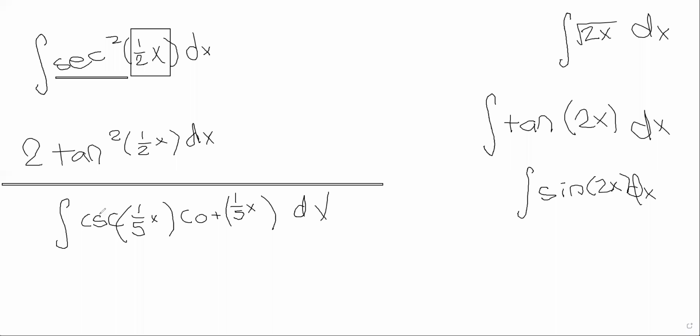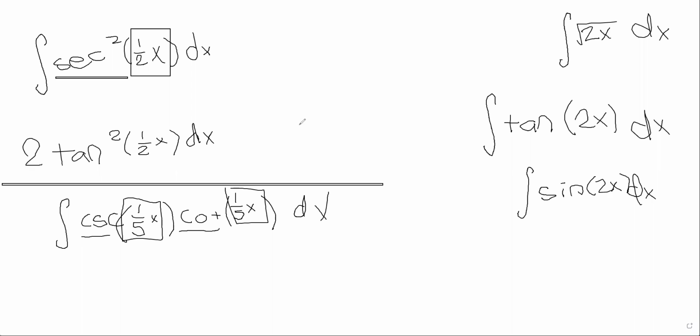It looks a lot different because we have two things being multiplied instead of one thing, but the process works exactly the same. We're still going to take derivatives of whatever happen to be inner functions. In this case, we can clearly see that in both of our factors, the inner function is 1/5 x. So we're going to take the derivative of 1/5 x, and we're going to take the antiderivative of cosecant of a function times cotangent of a function.